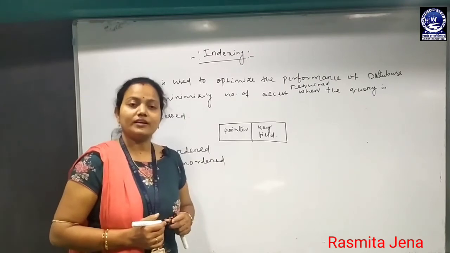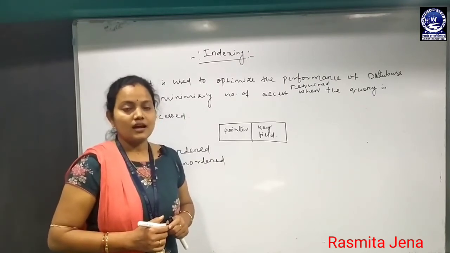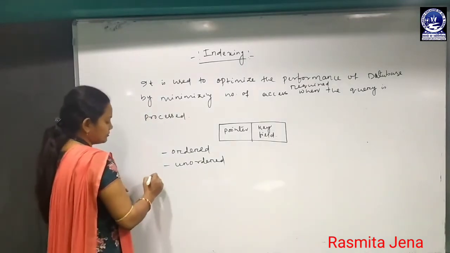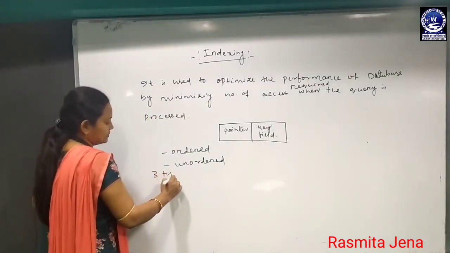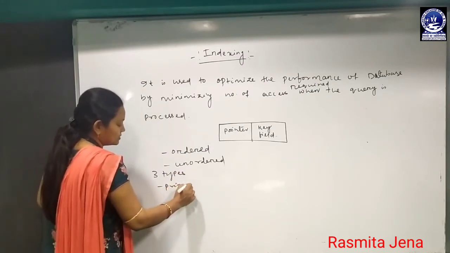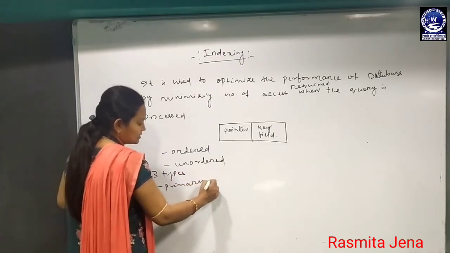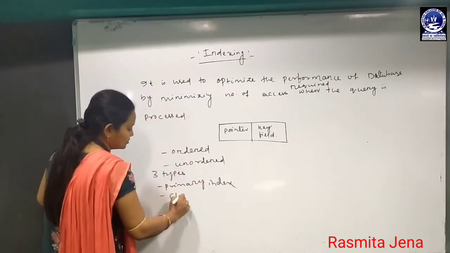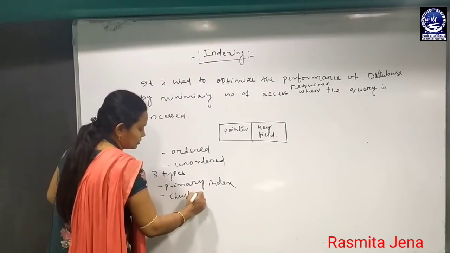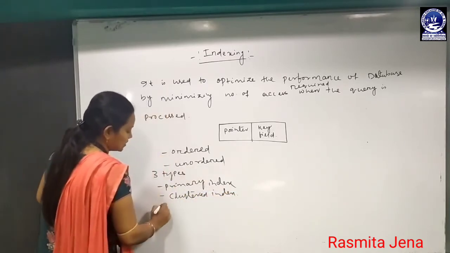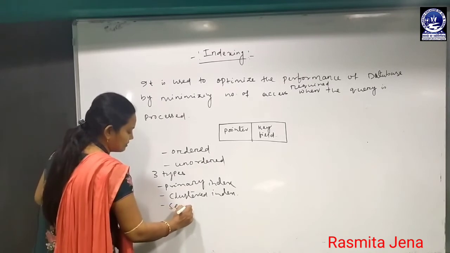That means indexing is of three types. One is the primary index, the second one is the clustered index, and the last one is the secondary index.